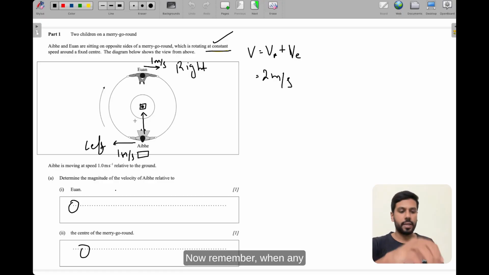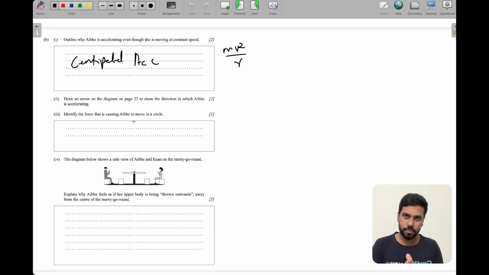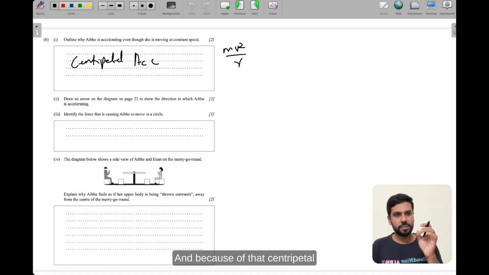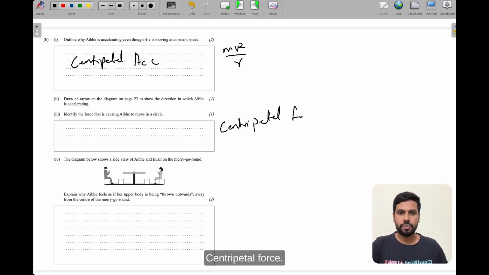Remember, when any object is going in a circular motion, the answer is very direct. It has a centripetal acceleration, and because of that there is going to be centripetal force. How am I going to get that? According to Newton's formula, force is equal to mass into acceleration.